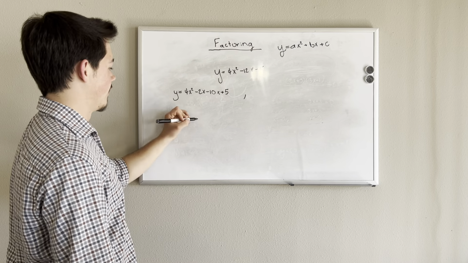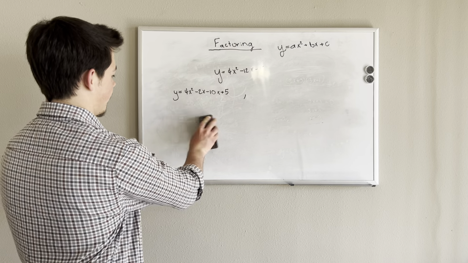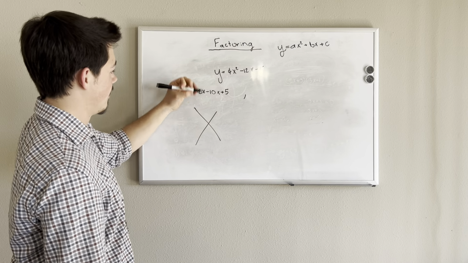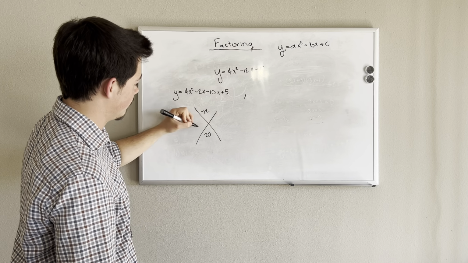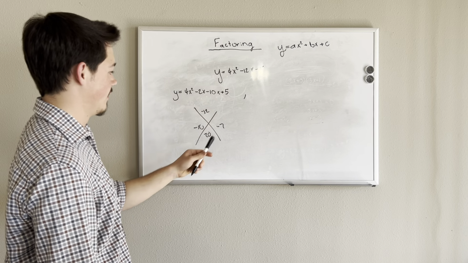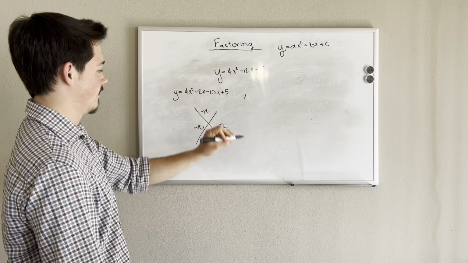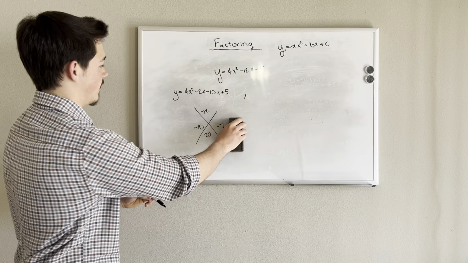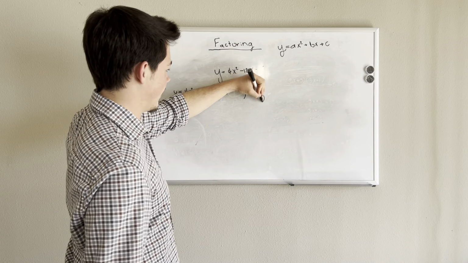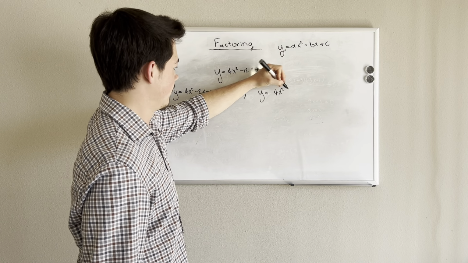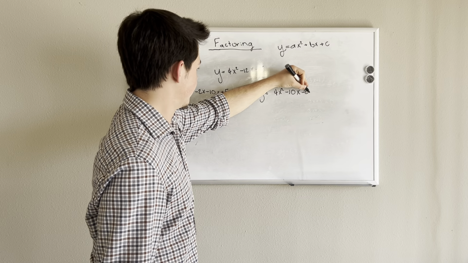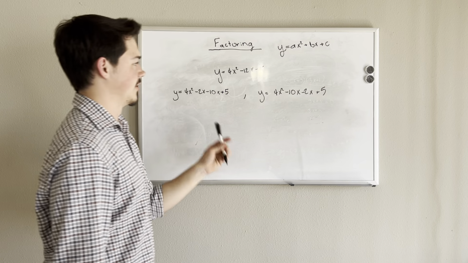If you had written your factors as negative 10 and negative 2 instead, you would have written this equation as y is equal to 4x squared minus 10x minus 2x plus 5. I want to show you that either way works.